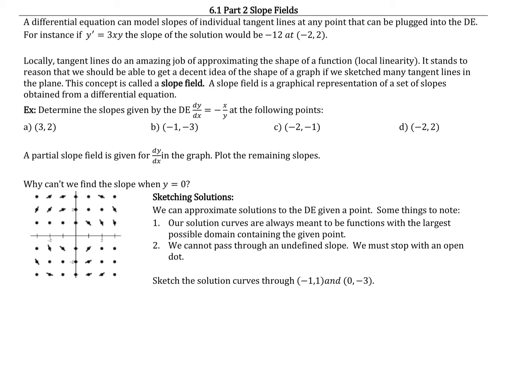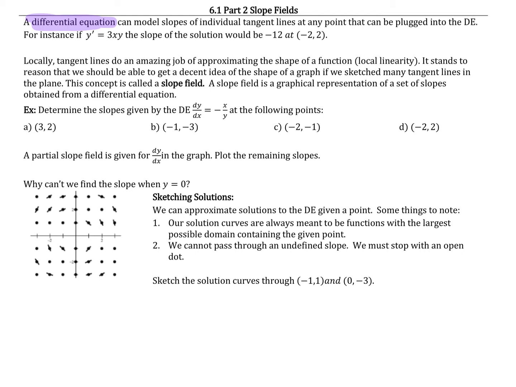So keeping in mind that a derivative is the slope of a tangent line, it should make sense for us to think about a differential equation as a bunch of different slopes to tangent lines, or a differential equation is a model of the slope because it's modeling the derivative.